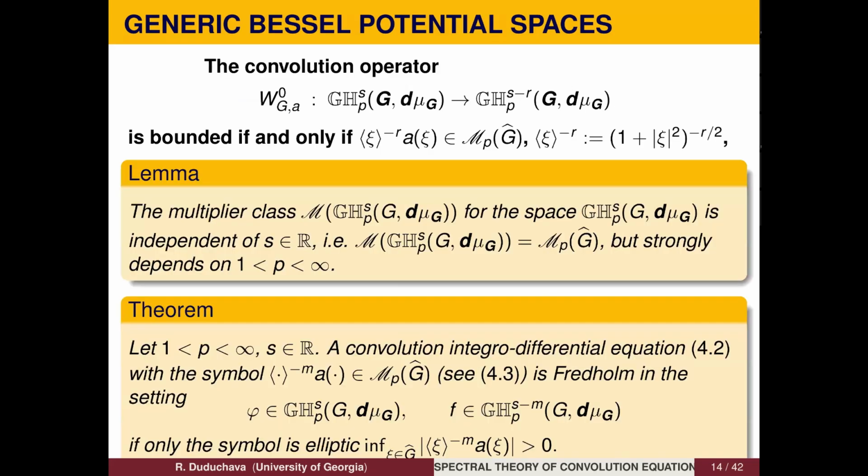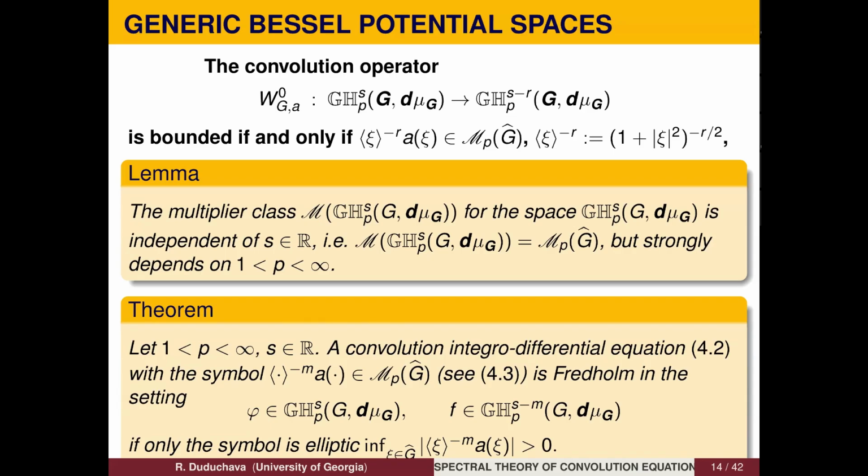The convolution operator is bounded in the generic Bessel potential space. If the symbol is of order r, then it maps generic Bessel potential space s to generic Bessel potential space s minus r. So we have now the mapping property, and now we can formulate the lemma.